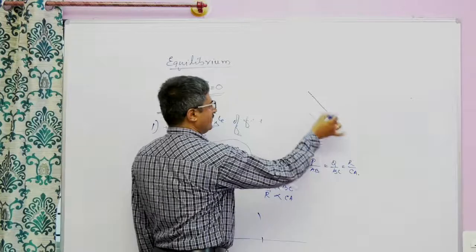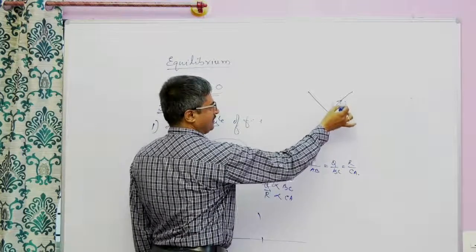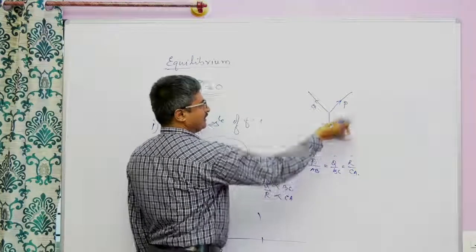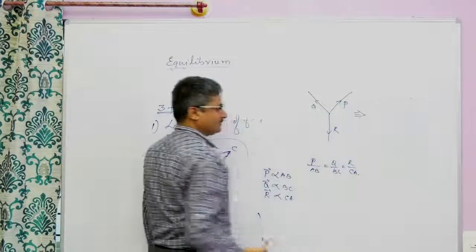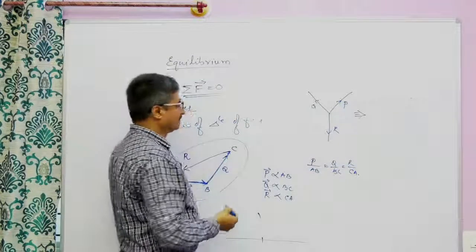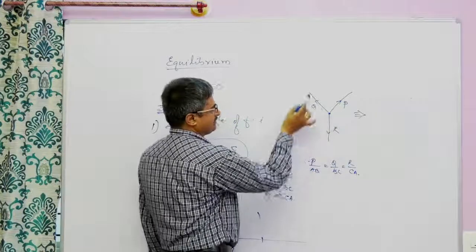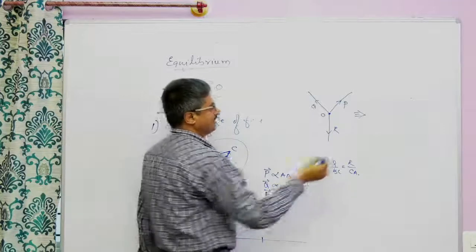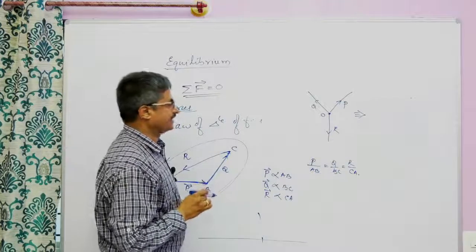If three forces acting at a point are in equilibrium, for example, this is force P, this is Q, and this is R, we can write them in the form of a triangle. Therefore, the converse of the theorem is: if three forces acting at a point are in equilibrium, then they can be represented by the three sides of a triangle taken in order.